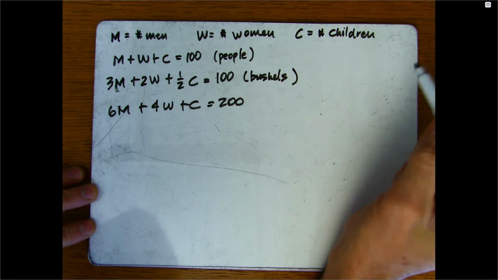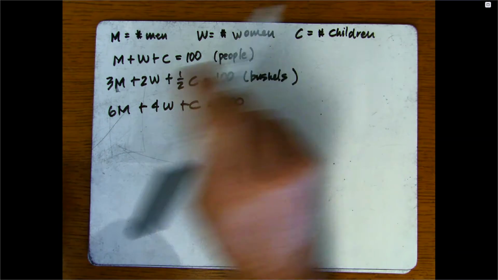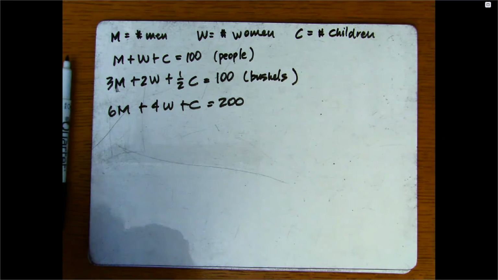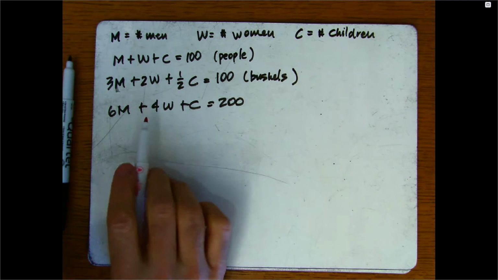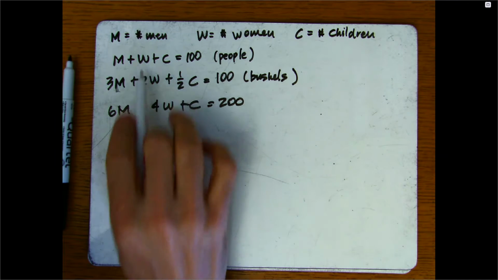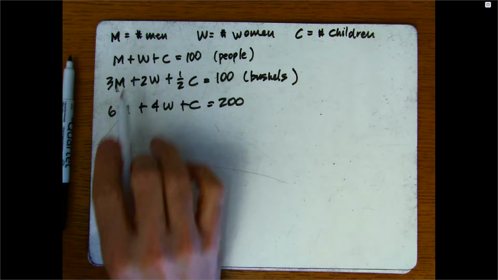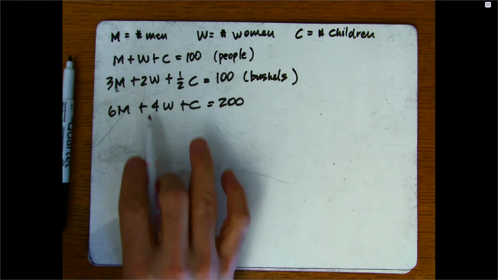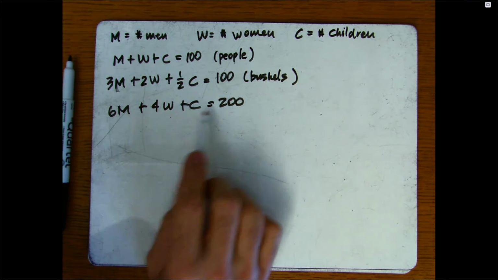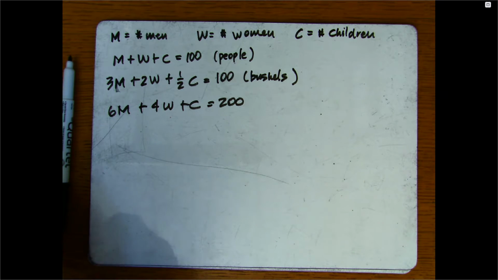Let's stand back and think a little bit. I noticed that there are 2 equations, really just the top and bottom, but there are 3 unknowns, M, W, C. We probably aren't going to be able to solve exactly for M, W, and C, but we should be able to say at least a little bit about their solution.